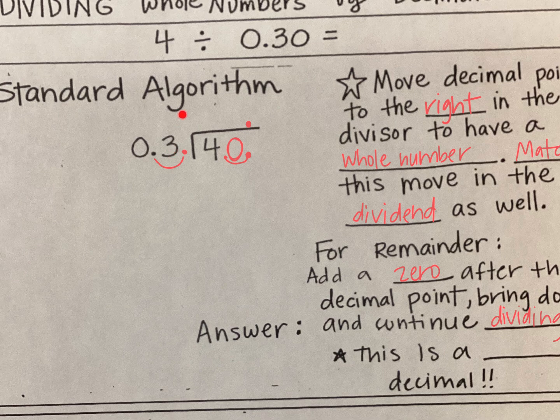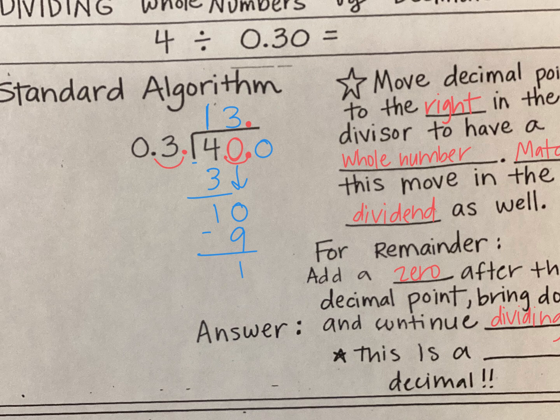All right. 3 goes into 4 how many times? 1. I'm just doing my normal division process steps at this point. 3 times 1 is 3. I subtract, I bring down. 3 goes into 10 3 times. 3 times 3 is 9. I subtract. I have nothing to bring down yet, but what can I add? A 0. The decimal's already there, so I don't have to add another decimal.